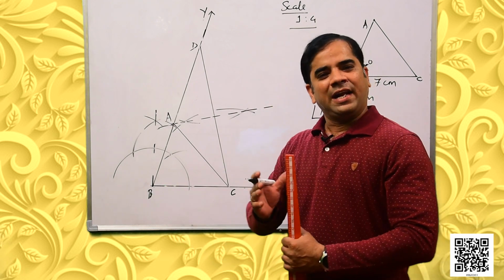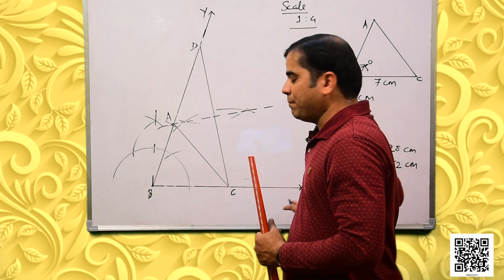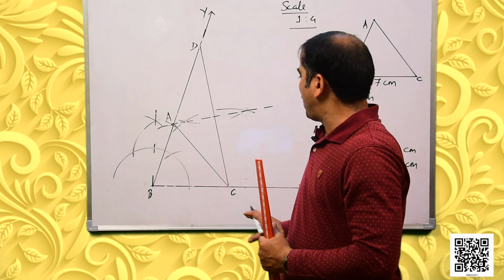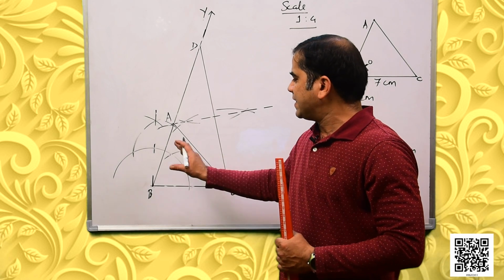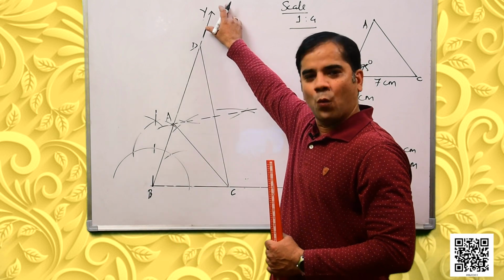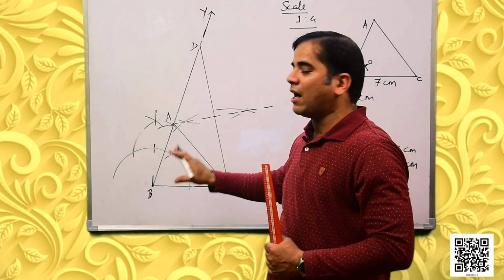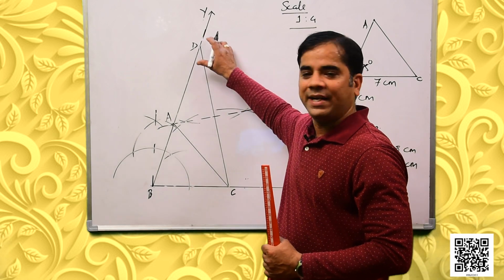Let us revise again. What have we done? We have drawn BX. We have cut BC from BX. We have constructed 75 degrees at B and extended it up to Y. Then we have cut the sum of AB and AC to get BD.